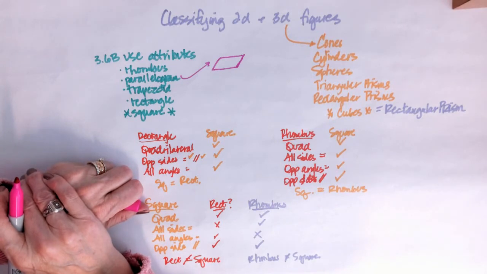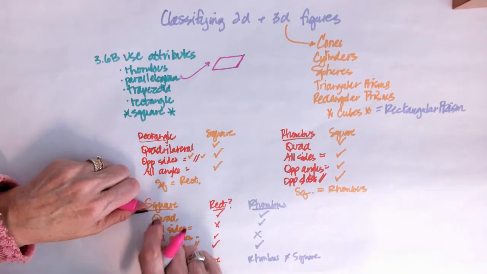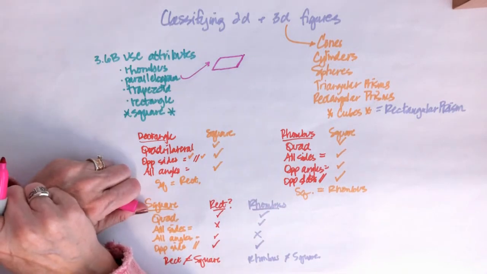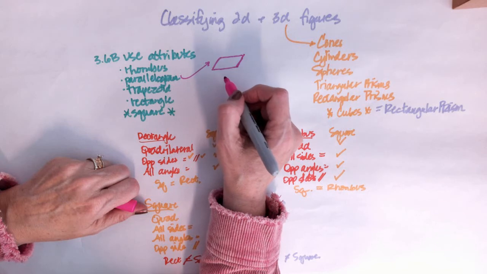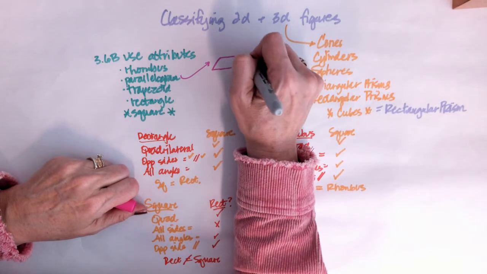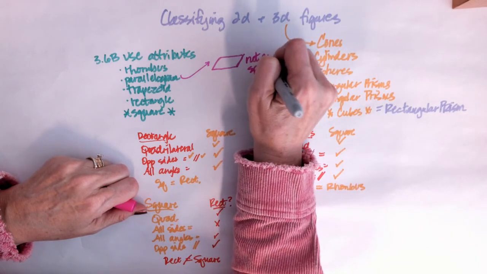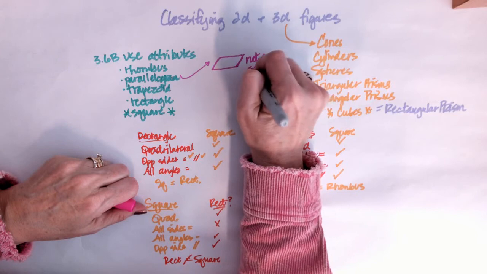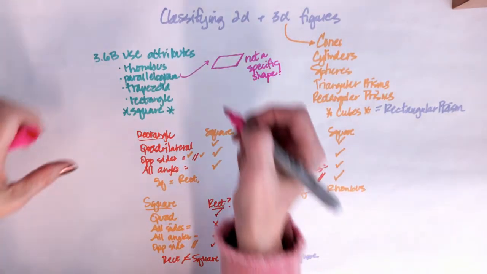A rectangle is a parallelogram because it meets the attributes of a parallelogram. A square is a parallelogram because it meets the attributes of a parallelogram. So we need kids to know that a parallelogram is not a specific shape. It's a category of shapes, not a specific shape. A parallelogram is a category.